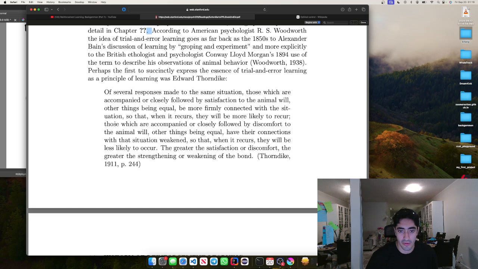Those which are accompanied or closely followed by discomfort to the animal will, other things being equal, have their connections with the situation weakened, so that when it recurs, they will be less likely to occur. The greater the satisfaction or discomfort, the greater the strengthening or weakening of the bond.